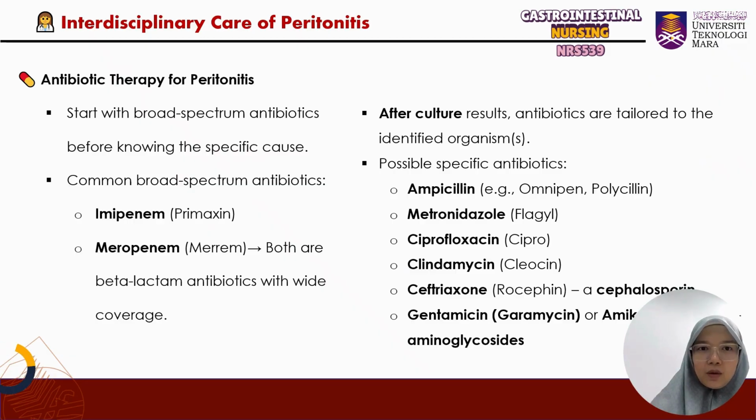While waiting for the blood cultures before knowing the specific bacteria involved in the infection, patients can be treated with common broad-spectrum antibiotics, for example, imipenem or meropenem. And after the culture results, antibiotics can be tailored to the identified organism.